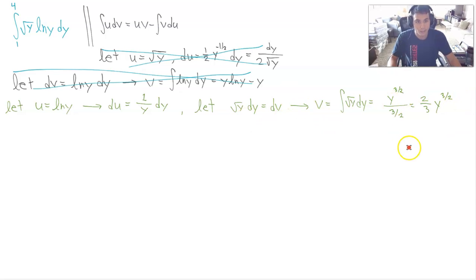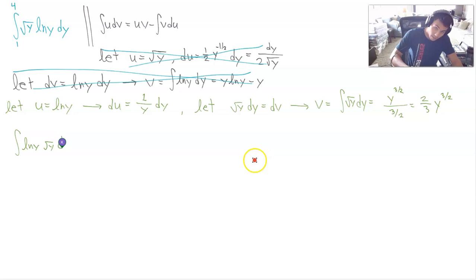Okay. So now we can try to use this stuff, and let's see what happens when we put it into our integration by parts formula. So if this is u, where's u? This is u. So we're going to have ln y. And then what's dv? dv is this, right? So what we just did is just rewrite the integral. So our original integral is this guy.